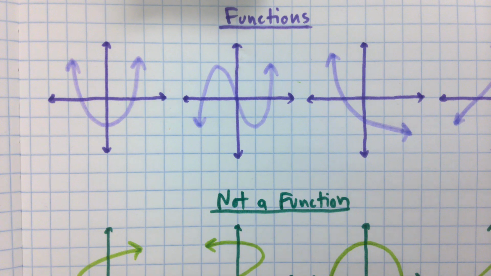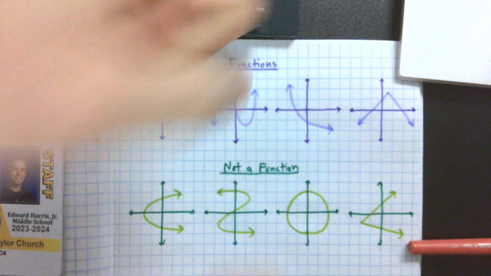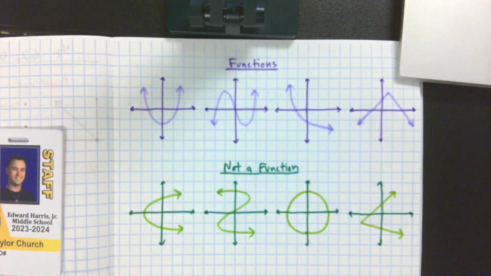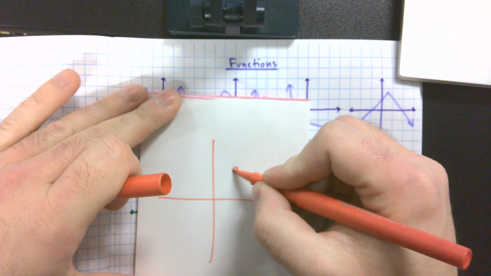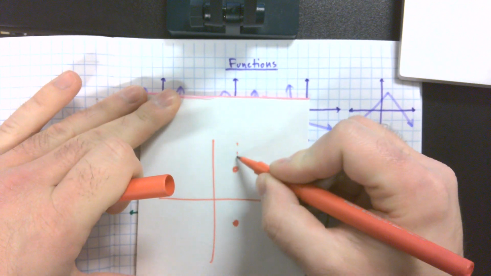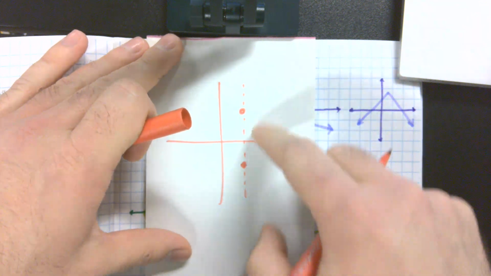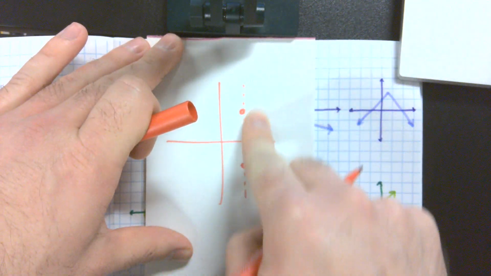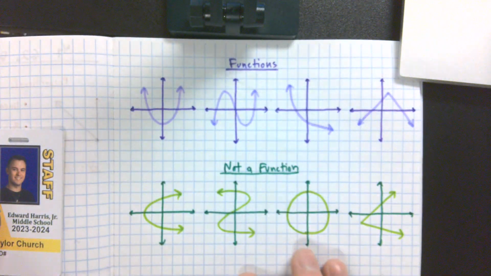What we're looking for is two points that are stacked on top of each other, like we talked about yesterday. Remember in our IXL we saw that if there's two points on the same vertical line, it's not a function. So that's what we're looking for here.